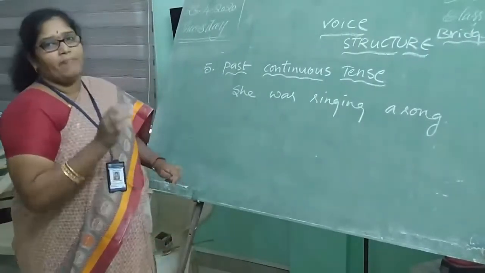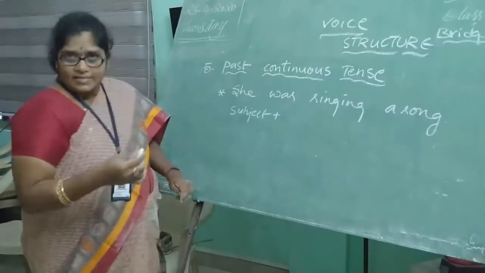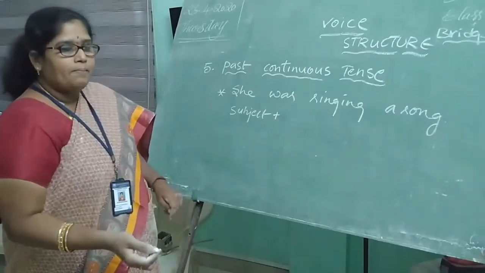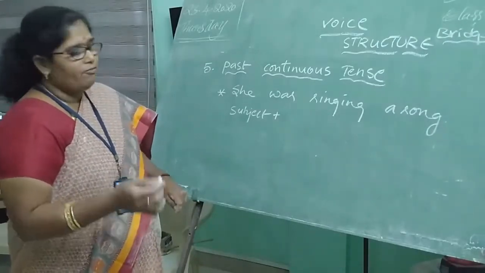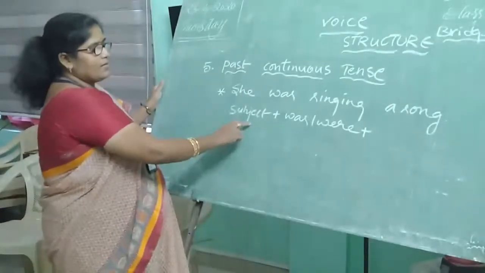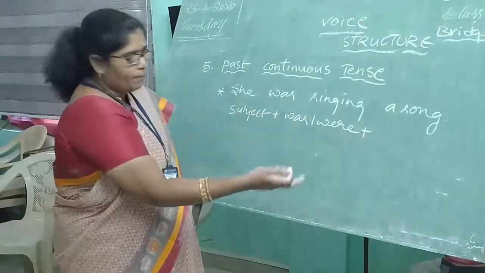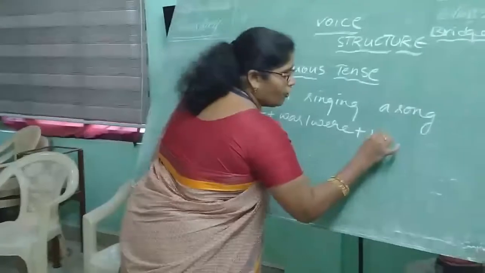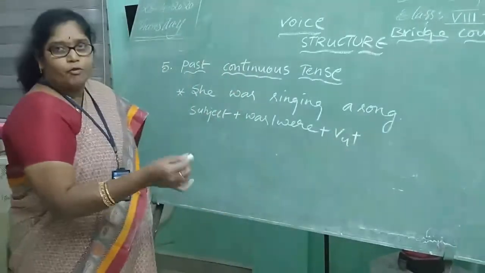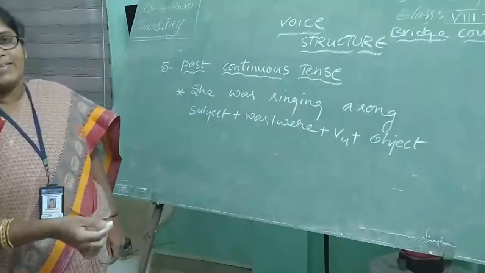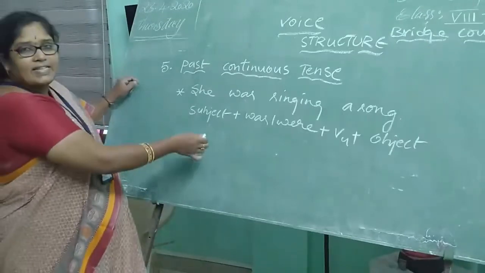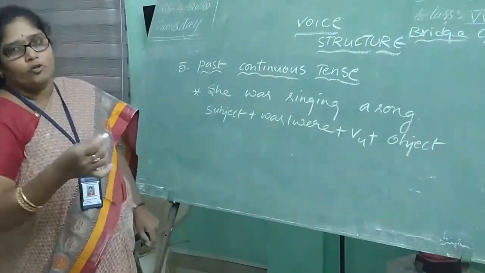So the structure of past continuous tense: subject plus past tense helping verbs, was and were. Subject plus was or were plus V4, plus object. So this is the structure of past continuous tense.